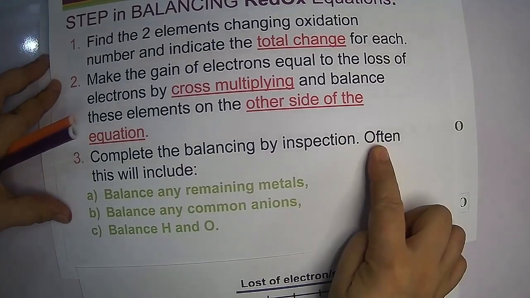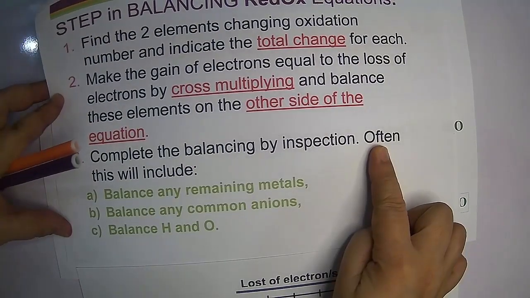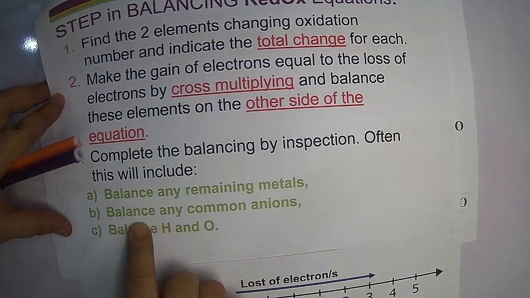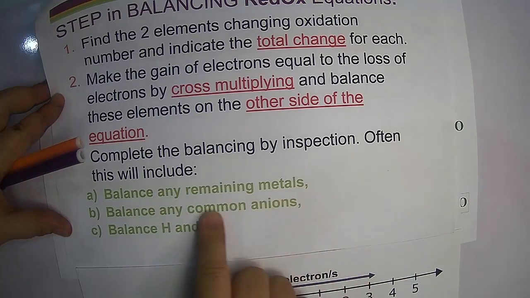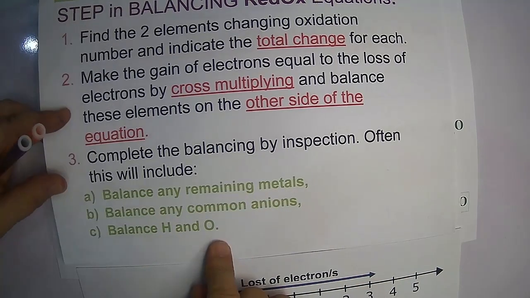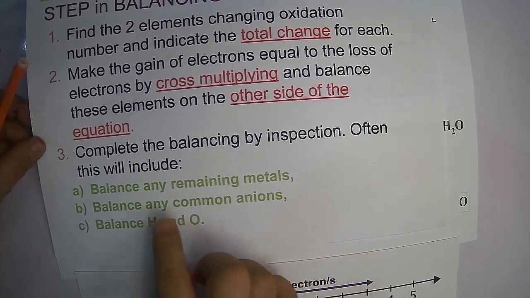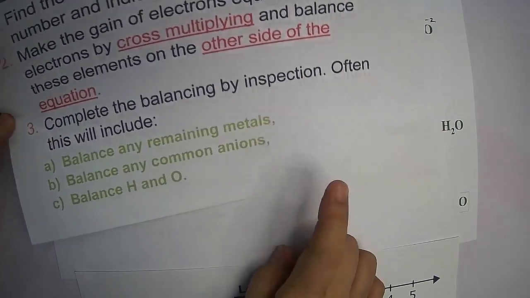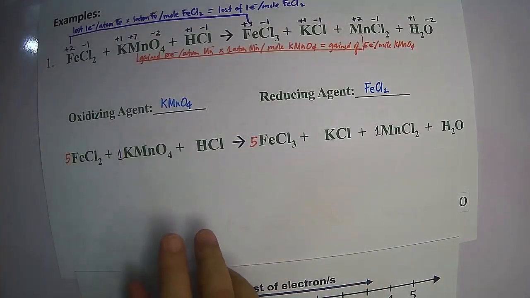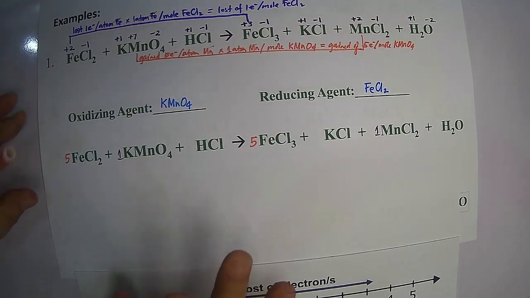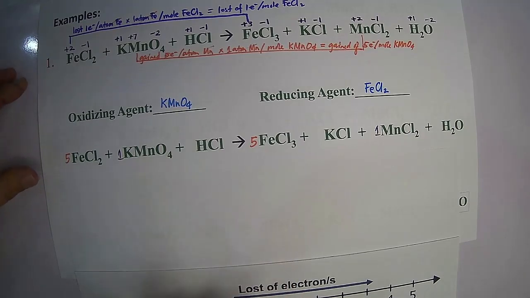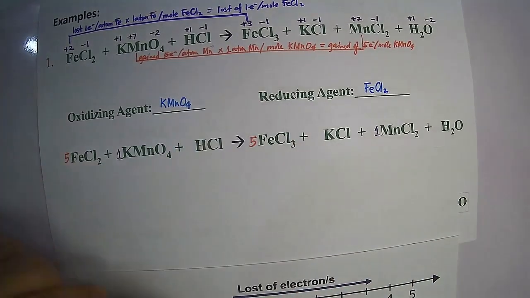We complete the balancing by inspection by following the sequence: the remaining metal, the common anion, then hydrogen and oxygen. The balancing by inspection is done because the remaining elements have not changed. Only the two that undergo the loss and gain of electrons are cross multiplied. Then the rest, which have not changed their oxidation number, will be balanced by inspection.